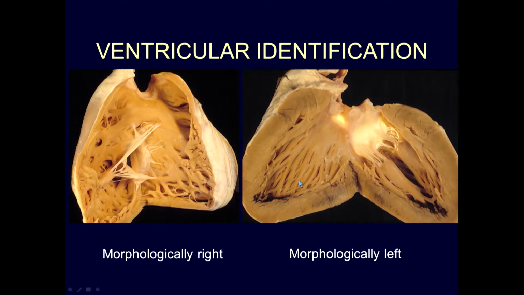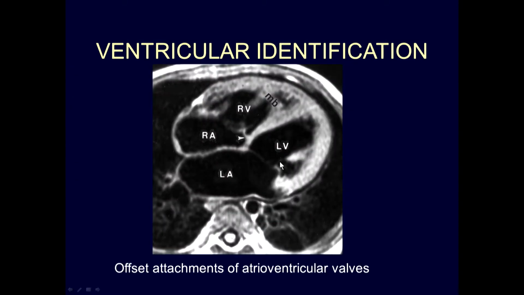Instead, the morphological left ventricle has a very smooth septal surface. This is the most consistent part. And then you can see in this image another additional feature of the morphological right ventricle: the presence of a moderator band, the muscular band from septum to the free wall, the septomarginal trabeculation.